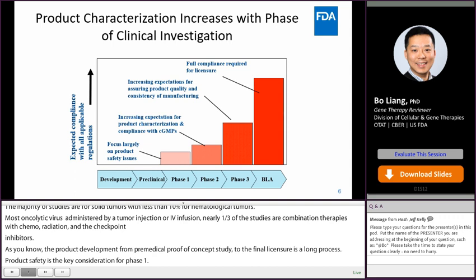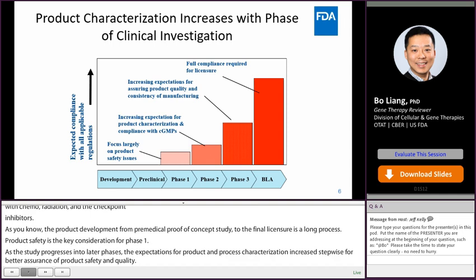This is accomplished through implementation of GMP, process and assay validation, and establishment of appropriate release criteria. My talk today will focus on how to ensure this product safety for phase 1 study.